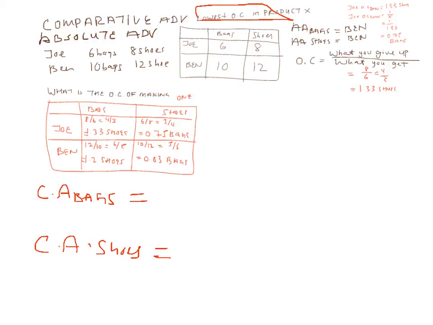Joe's opportunity cost of making bags is 1.33. Ben's opportunity cost of making bags is 1.2. So Ben has the lower opportunity cost of making bags because 1.2 is less than 1.33. So Ben should concentrate on producing just bags.